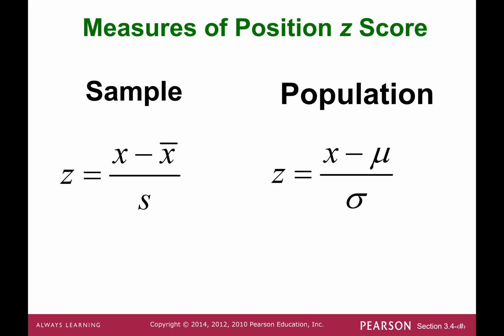So I have two formulas to calculate z-score. For the sample, z-score equals the data value x minus the sample mean, where x bar represents the sample mean, over s, which represents the sample standard deviation.